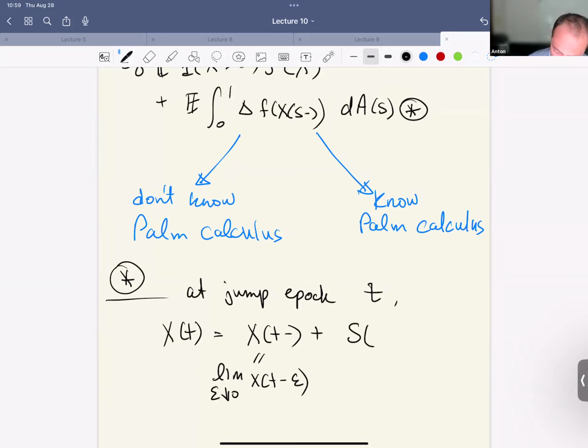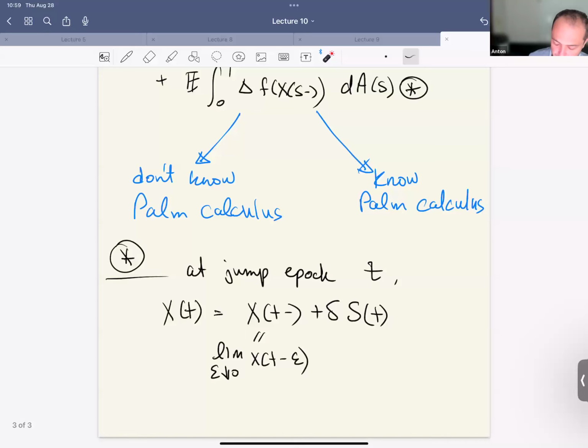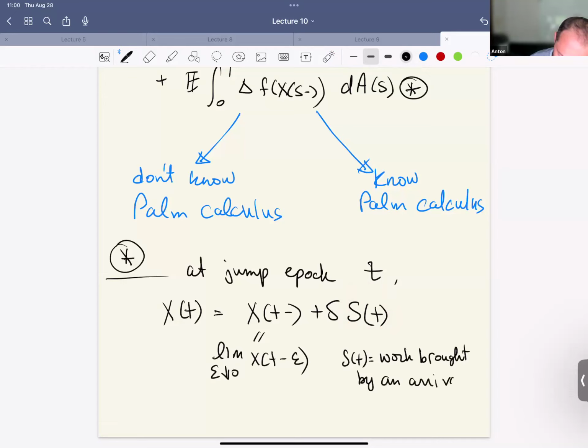To make a distinction, let me write S of t equals the work brought by an arrival at time t.